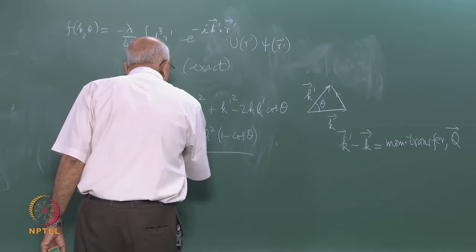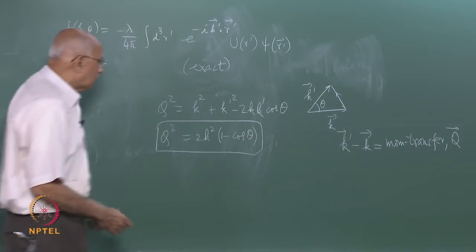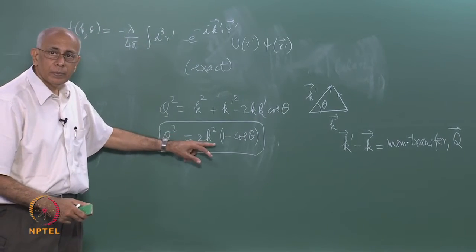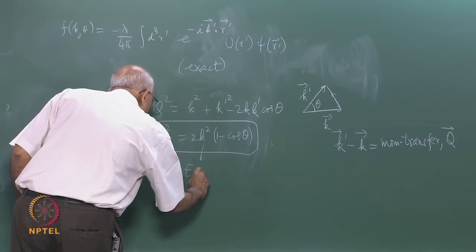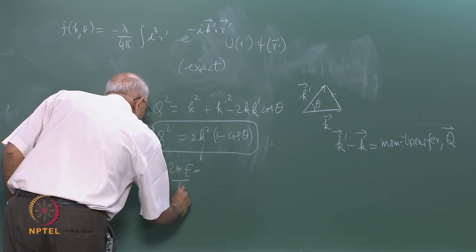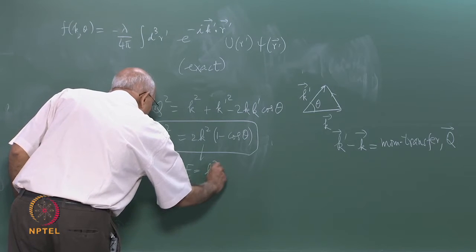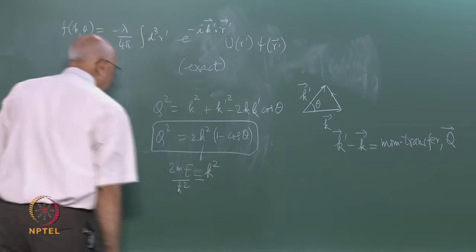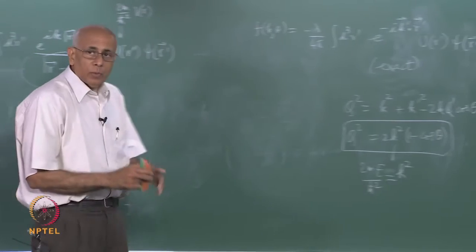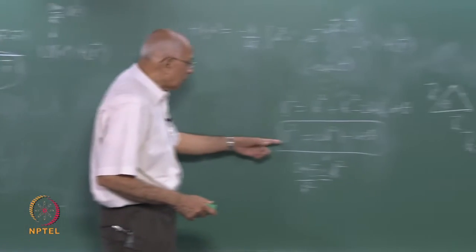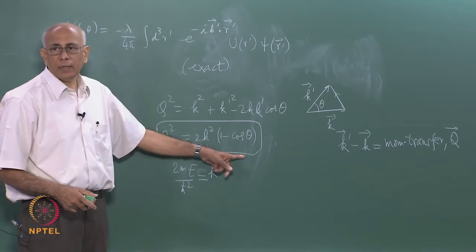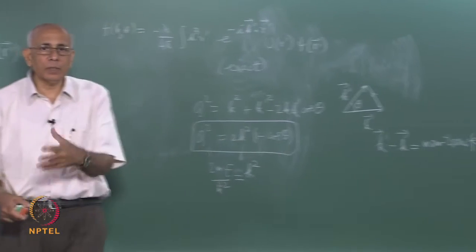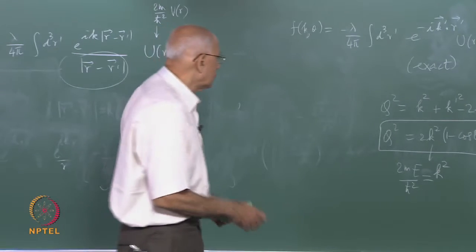The square of the momentum transfer, the magnitude, is related to the energy here, because remember that the energy E was equal to 2mE by h cross squared equal to k squared. So we have one relation between the momentum transfer, the magnitude of the momentum transfer, the energy and the scattering angle. So you give me two of them, the third is determined. Okay.